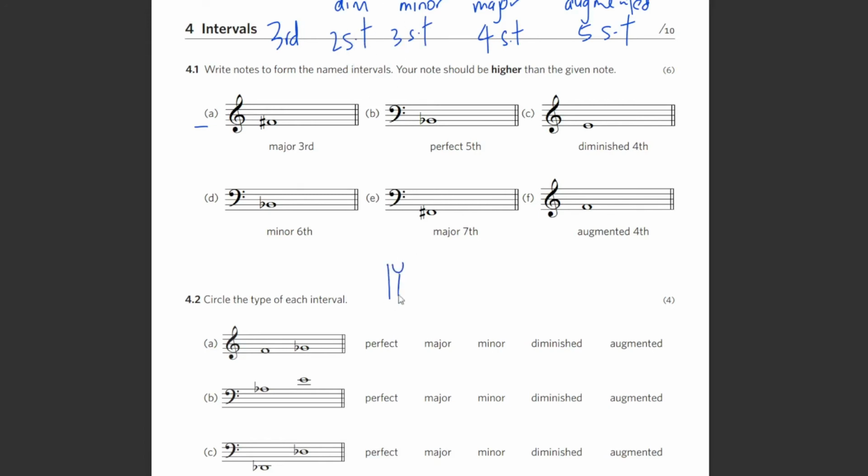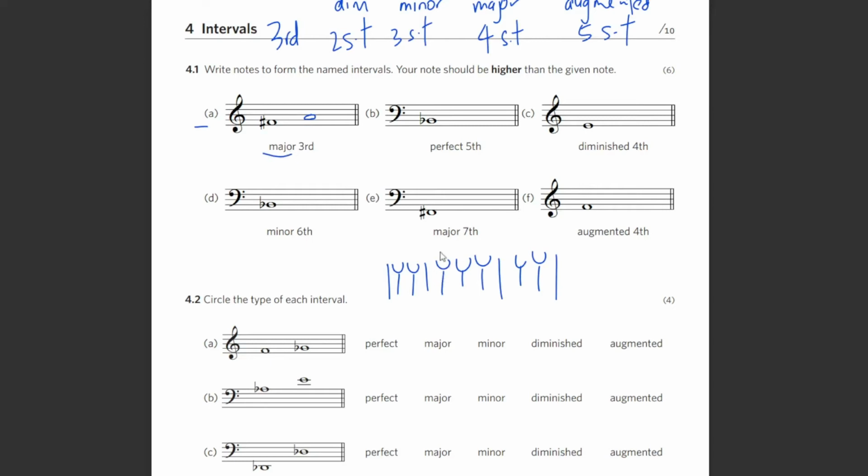So let's look at this. To do this question, the first thing you need to do is to ignore the flat and sharp. Just look at what is a third from F. So a third from F is 1, G is 2, A is third. So A is third. Now you need to find out, in order to be a major third, is it a sharp, is it a flat, or is it nothing, or is it double sharp, and so on.